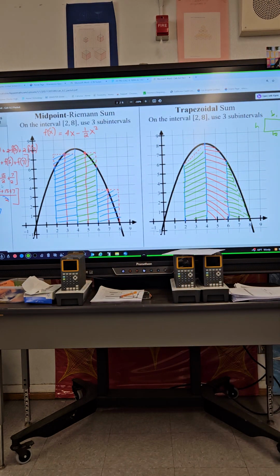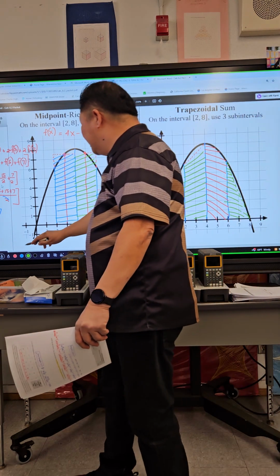So, how do we formulate this now? The height. That means the height times f of 2 plus f of 4 over 2. Okay, can I erase this portion first?